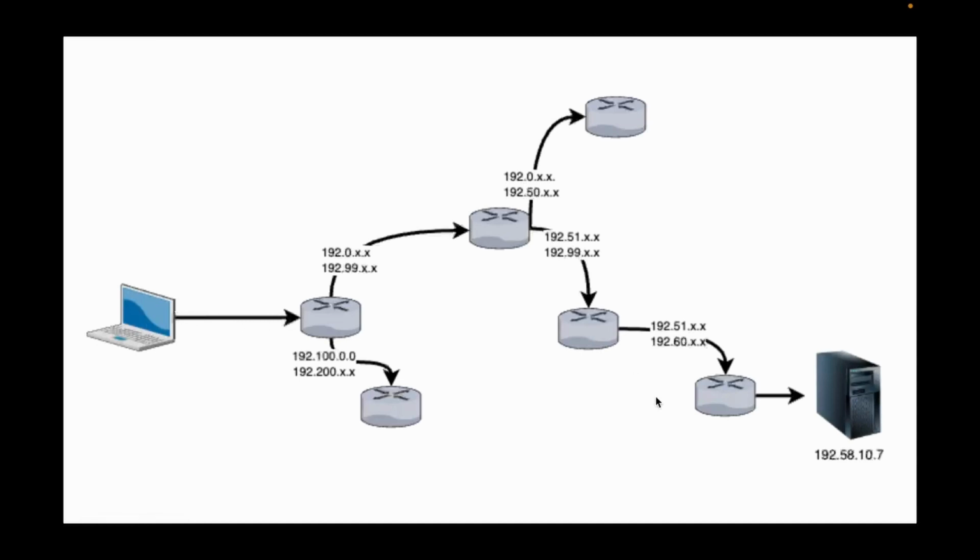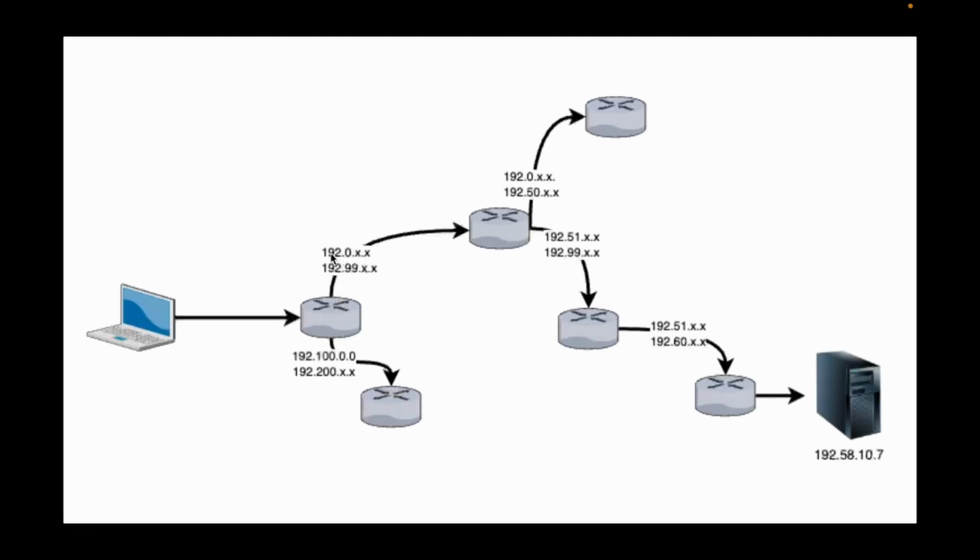if it needs to send a message to this server, it has to use the TCP/IP protocol, where the IP protocol will help it reach that machine, that server. Once the packet or the communication is initiated, at that point it lands on this router, where the router has two interfaces.